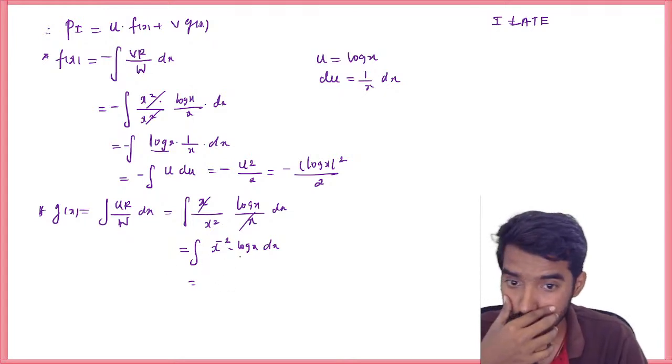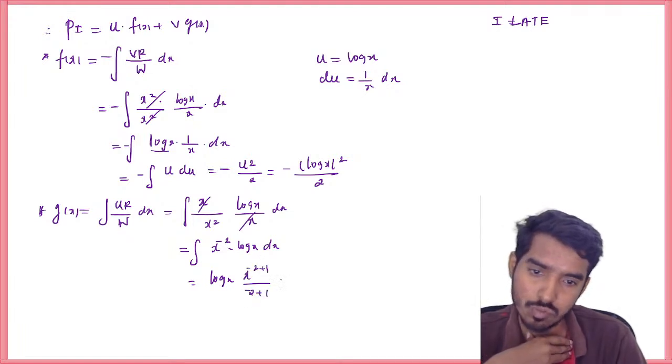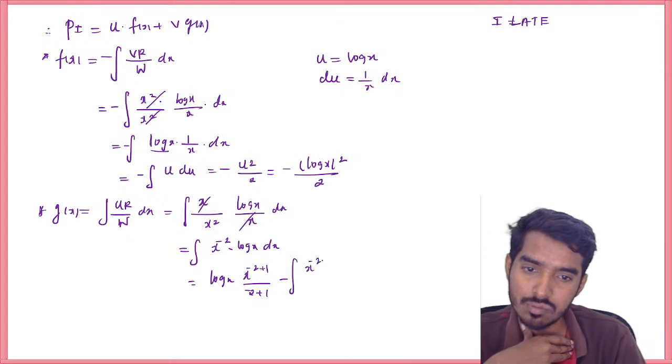So u is log x, v is x^(−2+1) divided by −2+1, and we have the integration of v du.